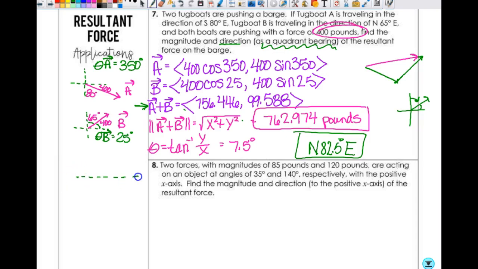Like I'd go out 700 something, but only go up like 99. So that's what this makes it. But to find out how long it really is and what this angle is, or what the angle is coming this way, that's what these two things are. This is like the polar version, and this is like the rectangular version.